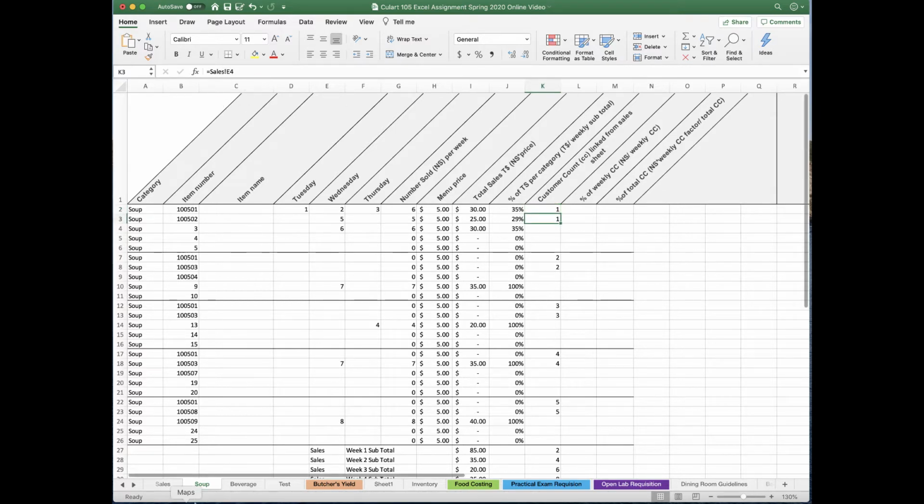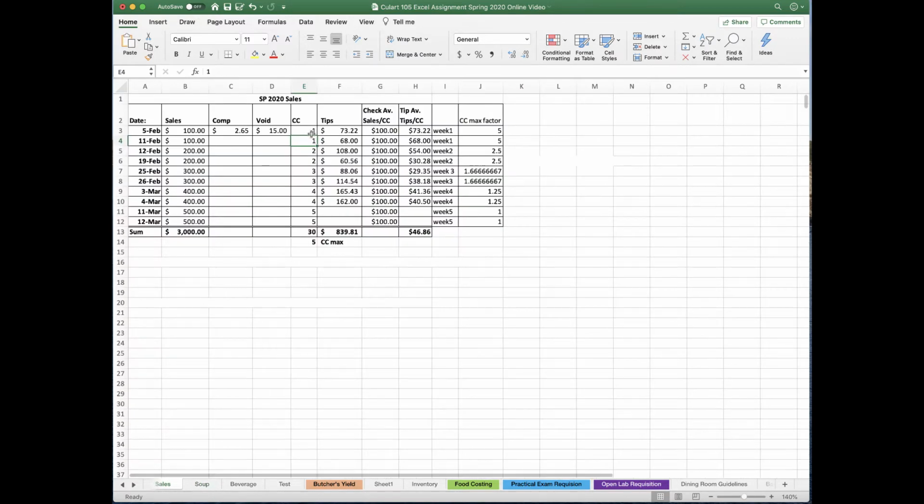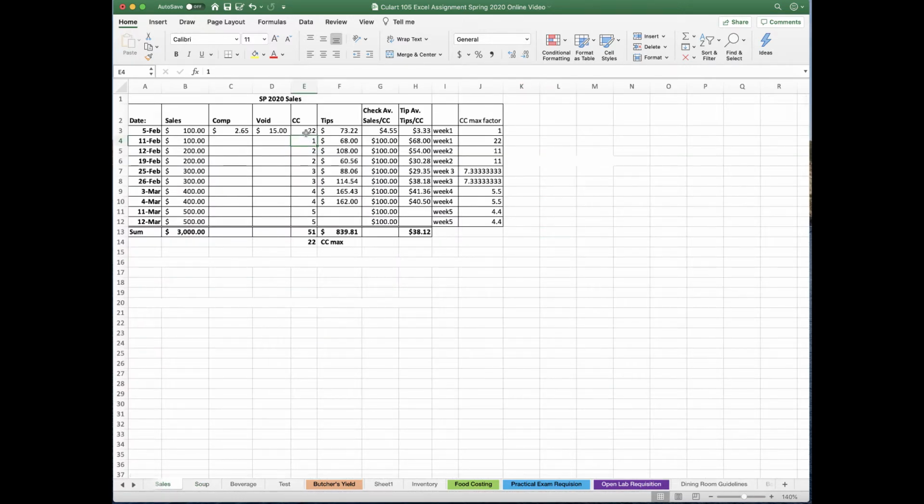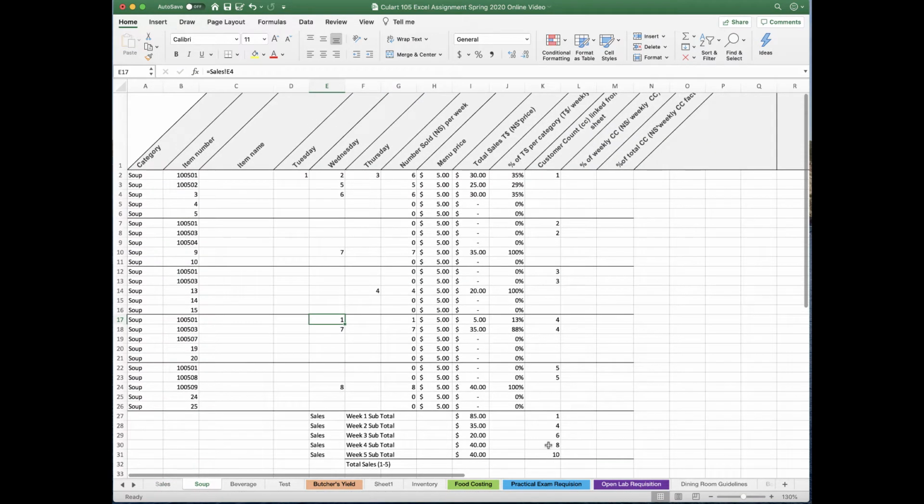So then as you change the sales numbers, I'll quick do that. I'll just go to 2, and then go over to the soup. You can see now it's 2, 2. So let me go back and change this so I'm not confused. And then we also have the subtotal for the customer count for each week. So week 1, week 2.